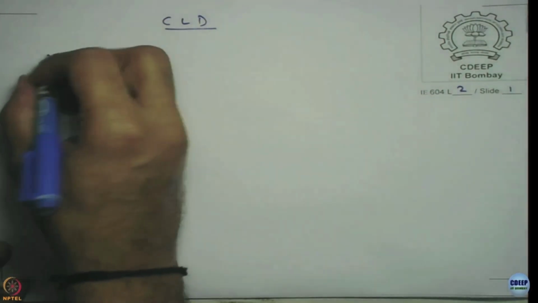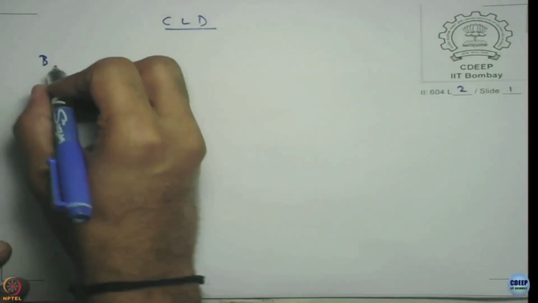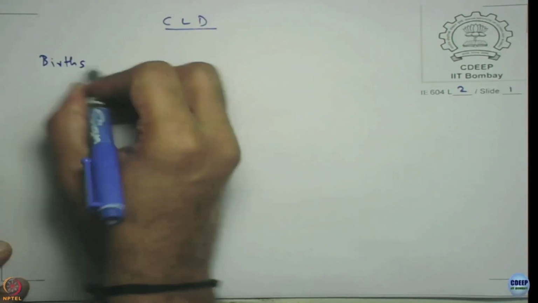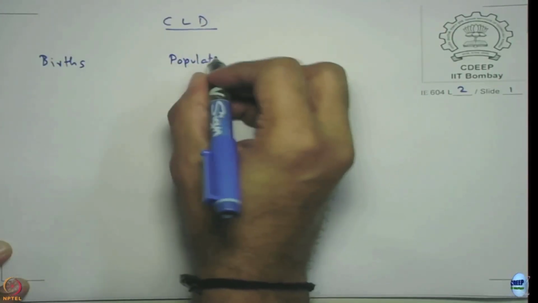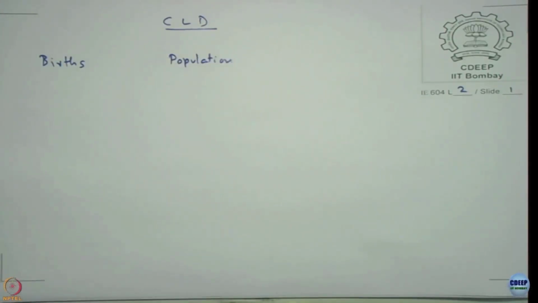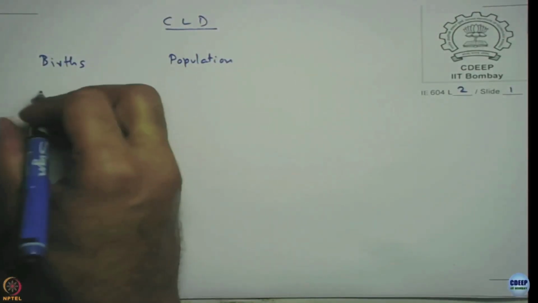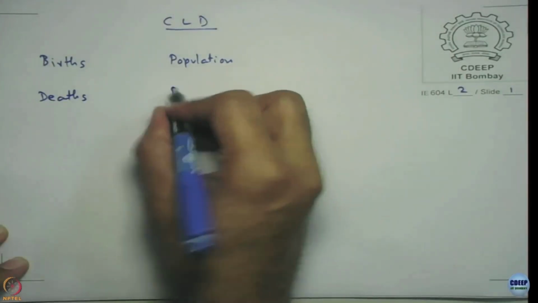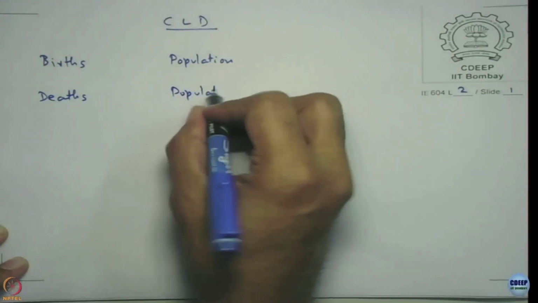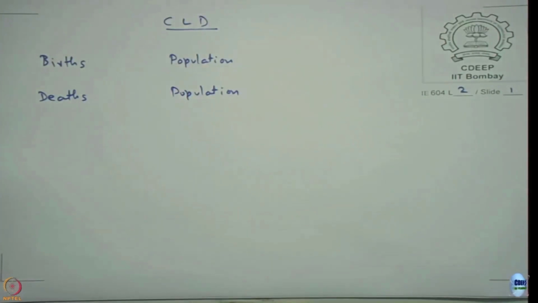So, for example, we can identify variables such as births and population, or deaths and population.